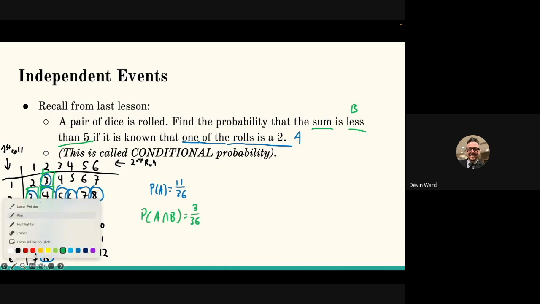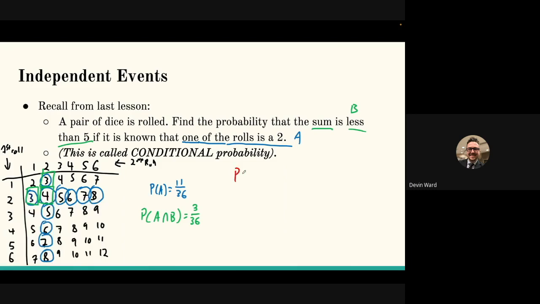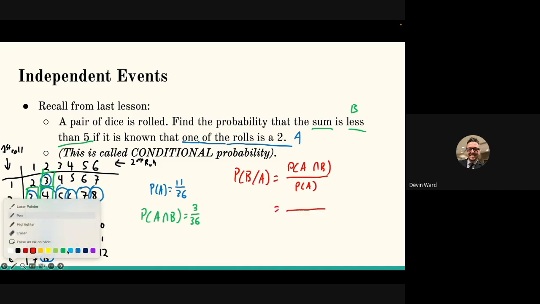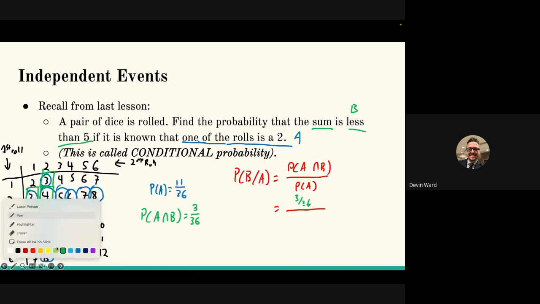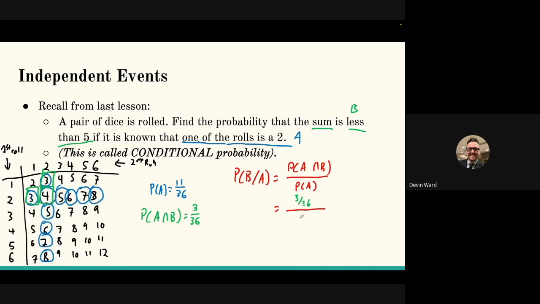Okay, so if you don't remember our formula from last lesson, our conditional formula, the probability of B given A, is the probability of A and B all over the probability of A. Our probability of B and A was 3 out of 36, and our probability of A is 11 out of 36.